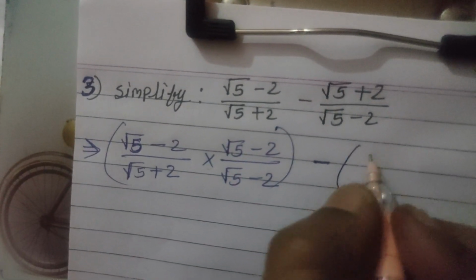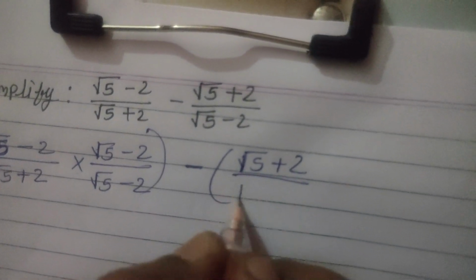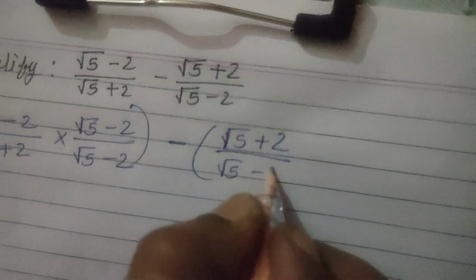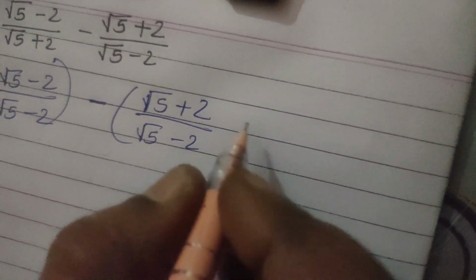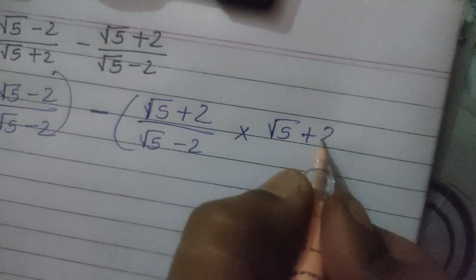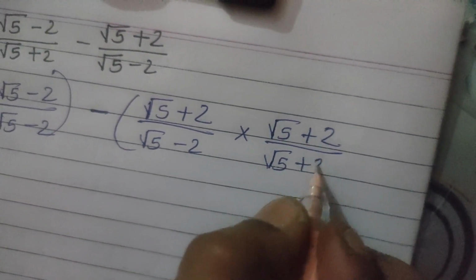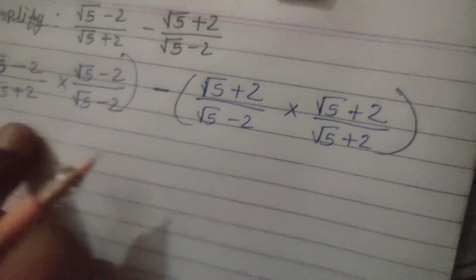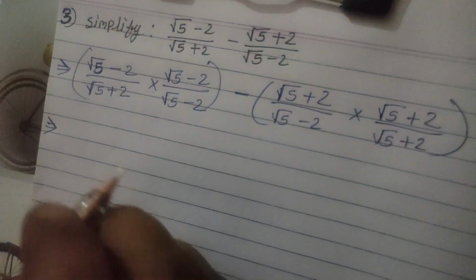Now here root 5 plus 2 upon root 5 minus 2. Now the denominator is root 5 minus 2, so the rationalizing factor will be root 5 plus 2. So multiply numerator as well as denominator with root 5 plus 2. Now you solve this separately so that there is no confusion.